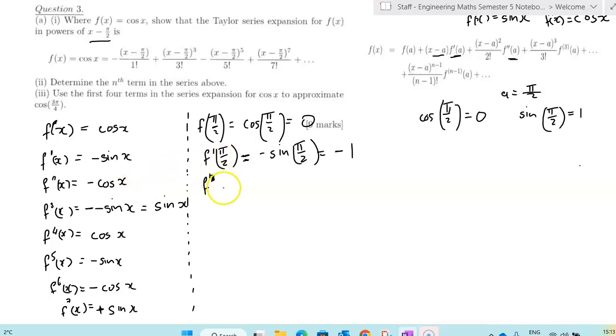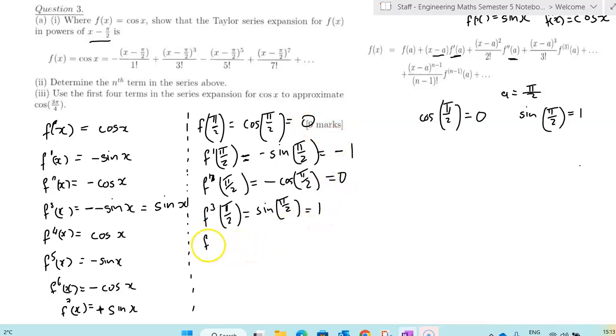F double dash of pi over 2, second derivative, it's going to be this one here, minus cosine, which is 0. And then the next one, f to the 3 of pi over 2 is going to be sine pi over 2, which is 1. So far we've got 0, minus 1, 0, 1.